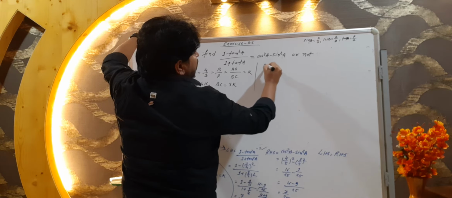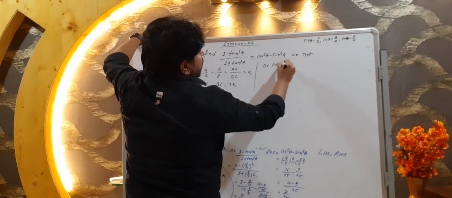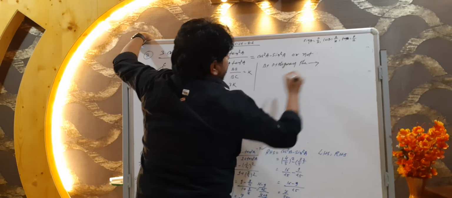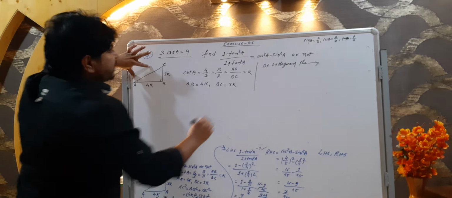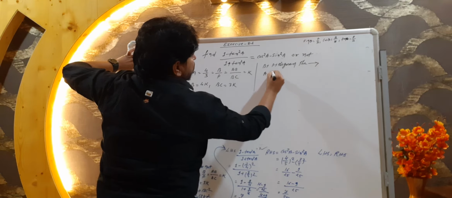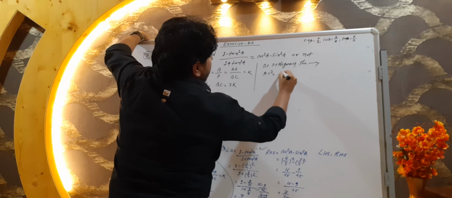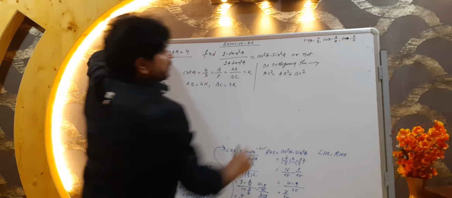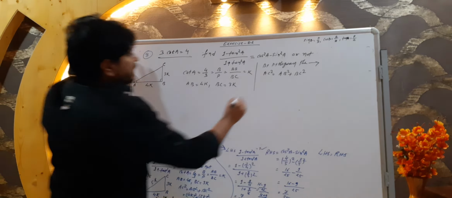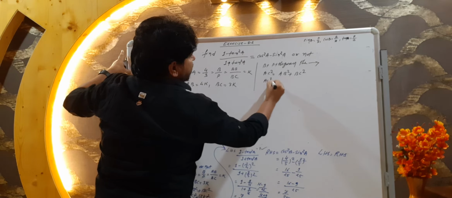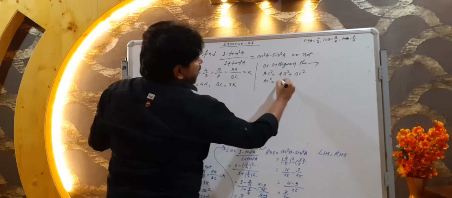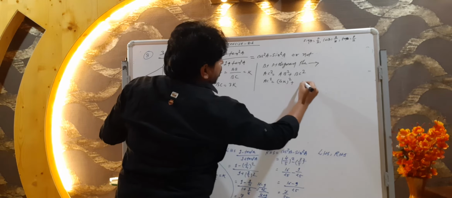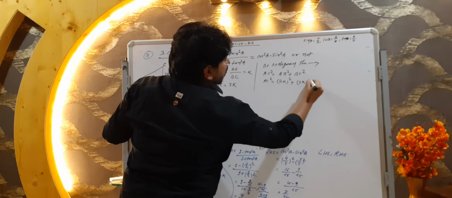We can apply it here. What is the Pythagoras theorem? AC square is equal to AB square plus BC square. Okay. Now we have to find out AC. AC square is equal to, now what is the value of AB square? It means 4k whole square plus what is BC's value? 3k whole square.